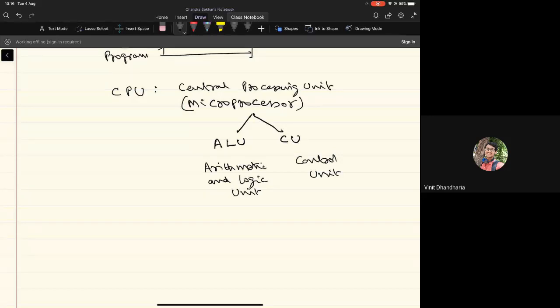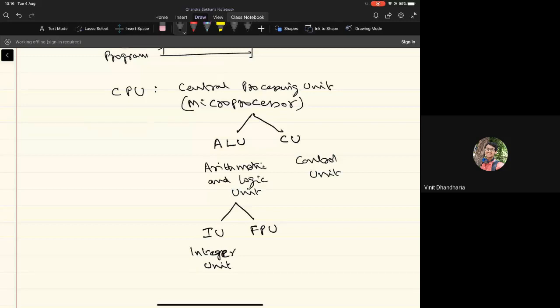Typically, as you'll be seeing later in the course, this ALU itself will be split into two parts. One is what is called the integer unit. The other one is what is called the floating point unit. The integer unit will perform all the necessary arithmetic operations on the integer type data.